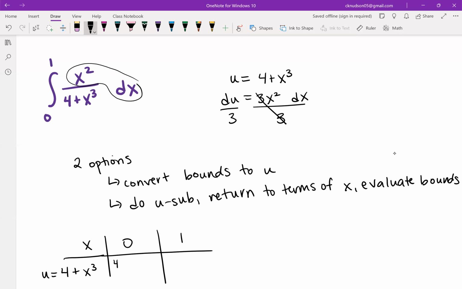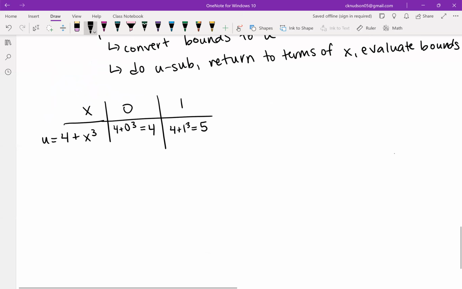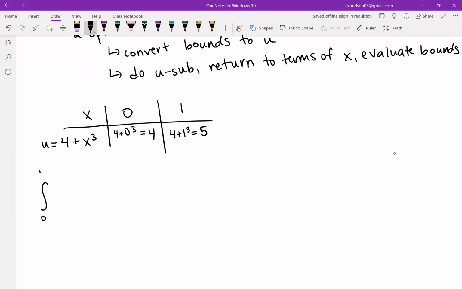So we get 4 plus 0 cubed, or 4, and then we get 4 plus 1 cubed, or 5. So what this means is that our integral from 0 to 1 of x squared over 4 plus x cubed dx now has bounds 4 up to 5.